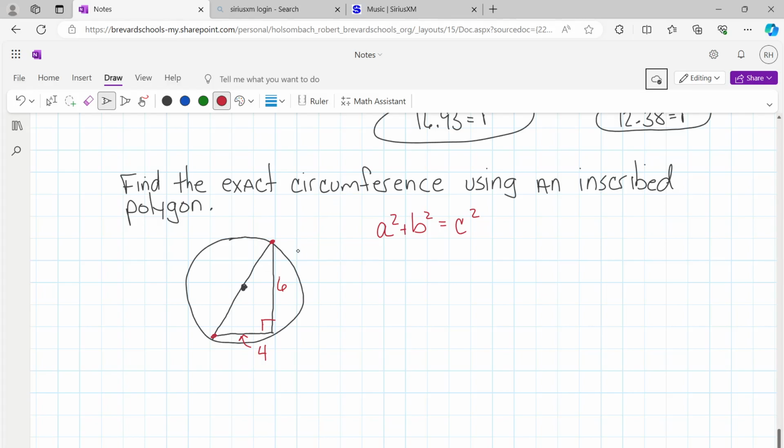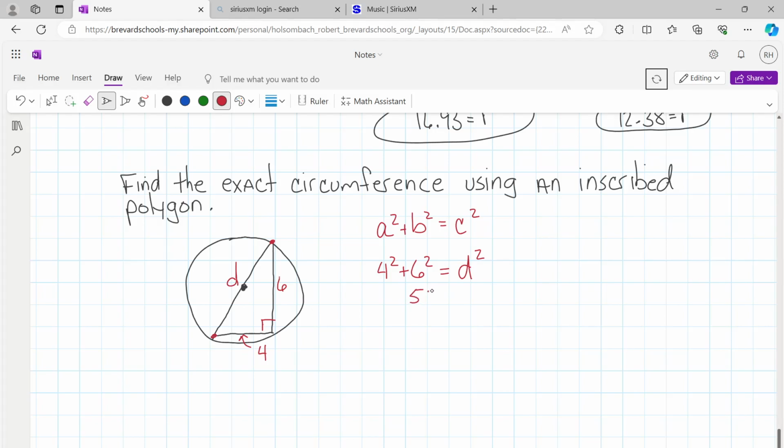All right? So I'm going to label this D over here for diameter. All right? So look at our equation. We're going to take 4 squared plus 6 squared, and it's equal to our diameter squared. Now, in your calculator, you can type 4x squared plus 6x squared, hit equals.